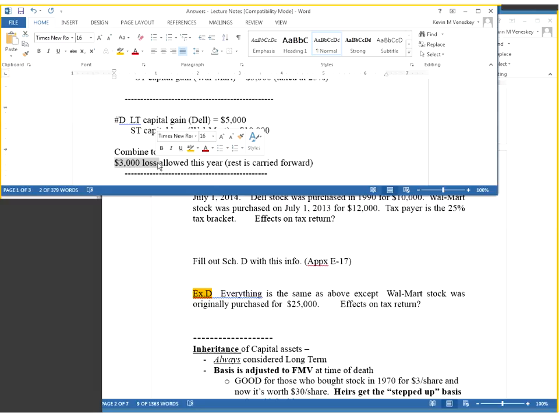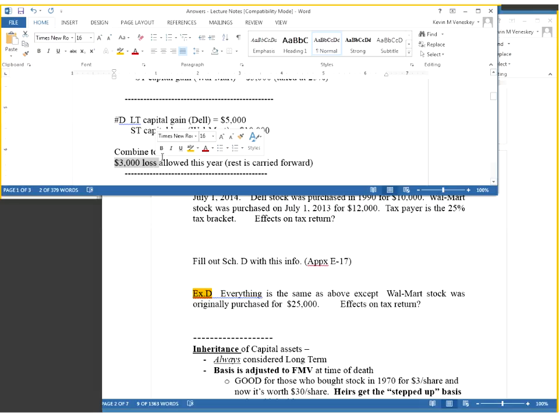Next year that $2,000 would end up there on line 6 as a carryforward from the prior year. In the current year, we didn't have any carryforward, so we would have that blank. But next year, we would have $2,000 there to start us off.